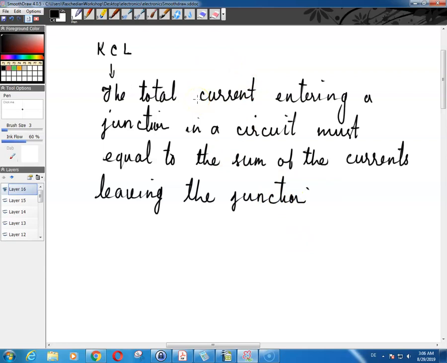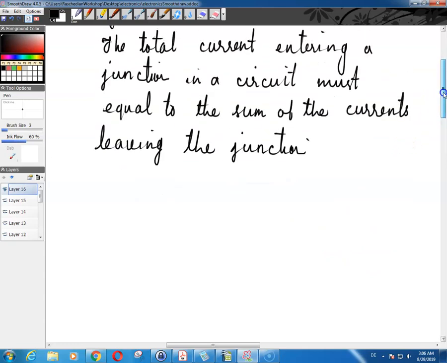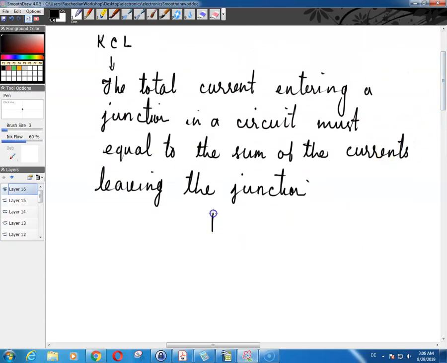What that means is that, for example, let's say that you have this situation over here. You have two resistors over here in parallel.